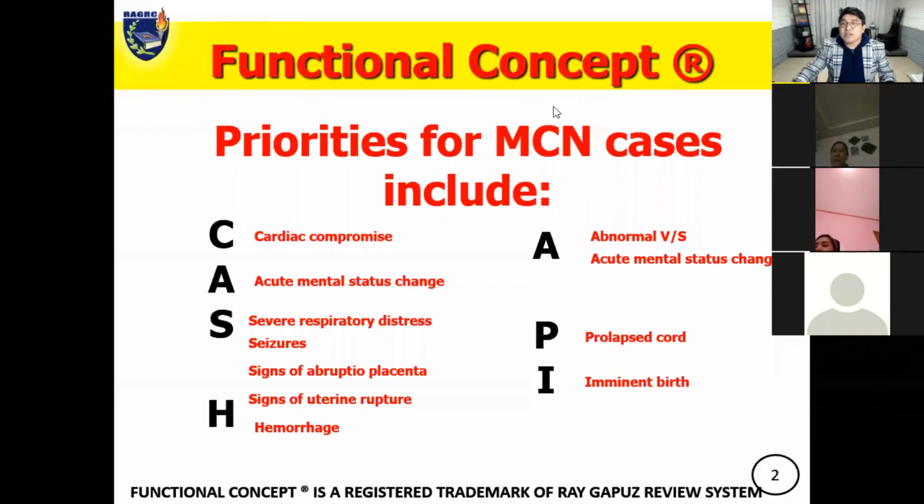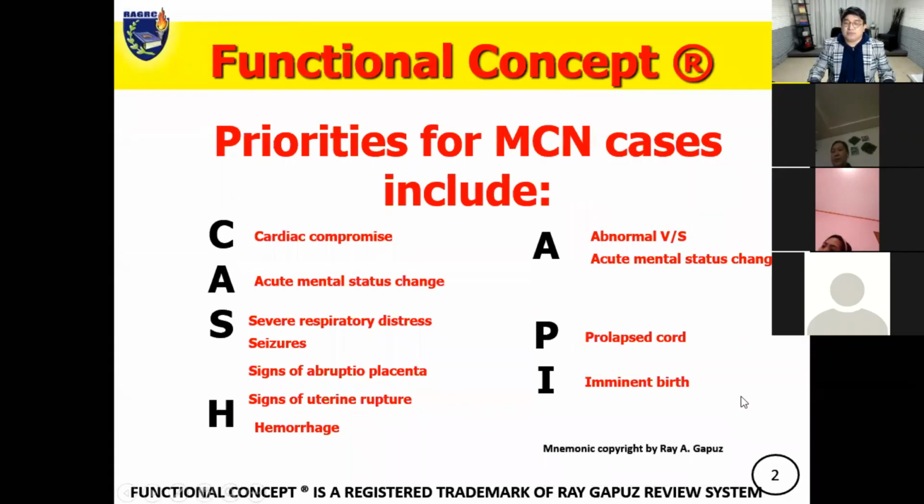If you see a pregnant patient with one or more parts of the baby coming out of the vaginal orifice, whether it's the hand, both feet, or the head, consider that a first level priority.